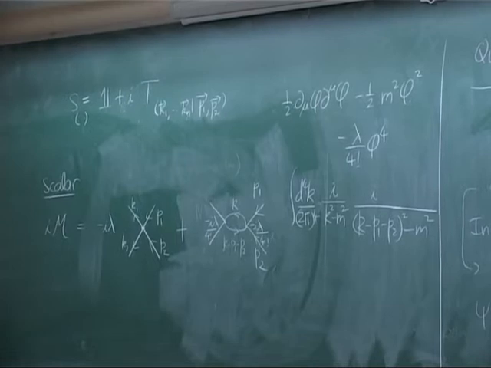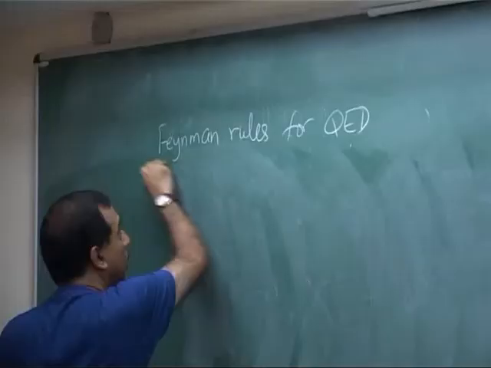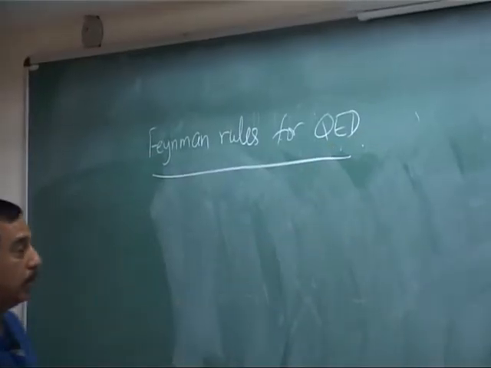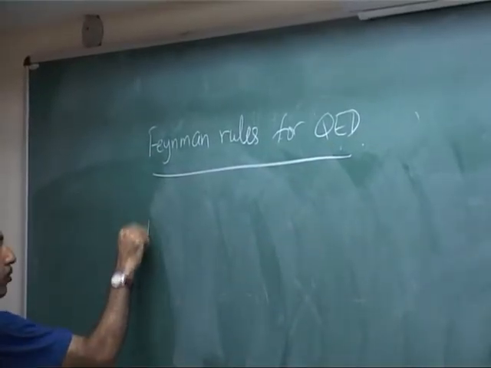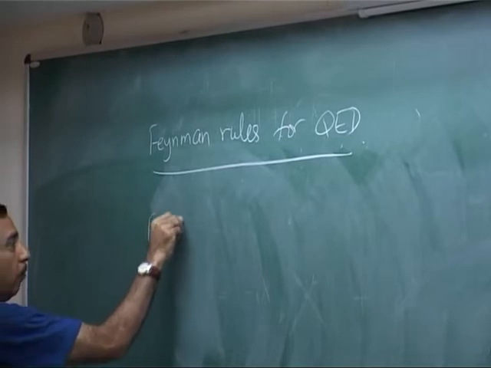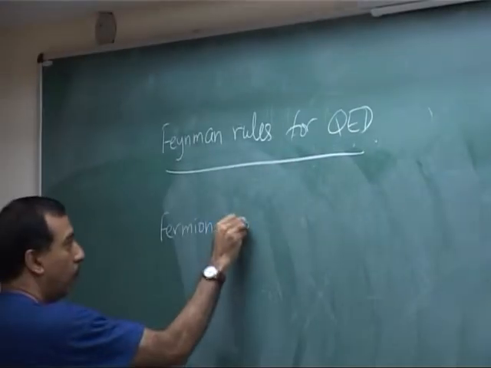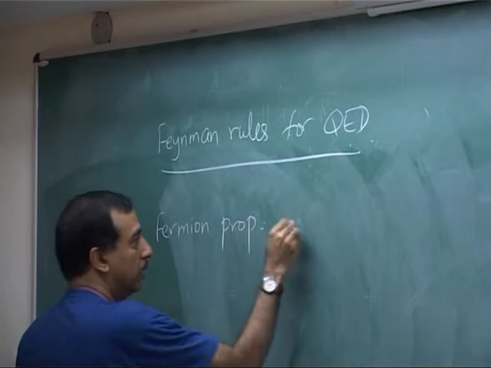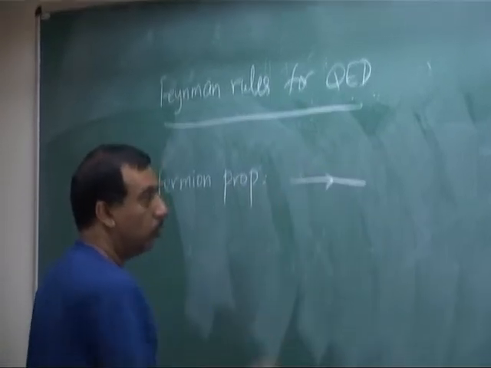These are not Feynman diagrams for a theory with photons or gauge fields or charges. We are going to do that now. Derive from that. So first of all we have the fermion propagator, and it's denoted like this with an arrow.